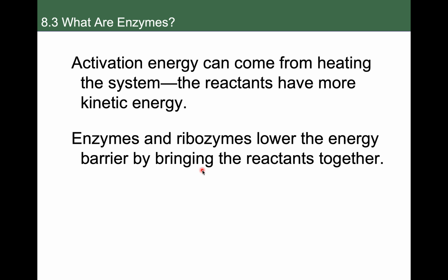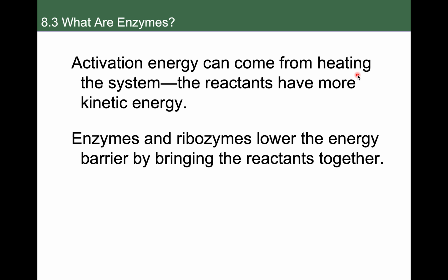So how can we reduce activation energy? Well, we'll look at a few different mechanisms by which this could happen. So theoretically, this could come from heat. You could use heat to speed up molecular movement. In a lot of cases, that might reduce the activation energy needed to start a reaction.